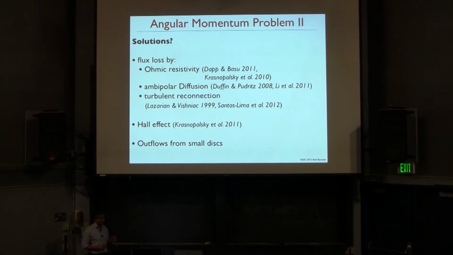Most of these processes, in particular ohmic resistivity, are only active in very high density regimes very close to your protostar, not at these scales of 100 AU. So most of these flux loss possibilities are active in high density regimes in the center of your disk.